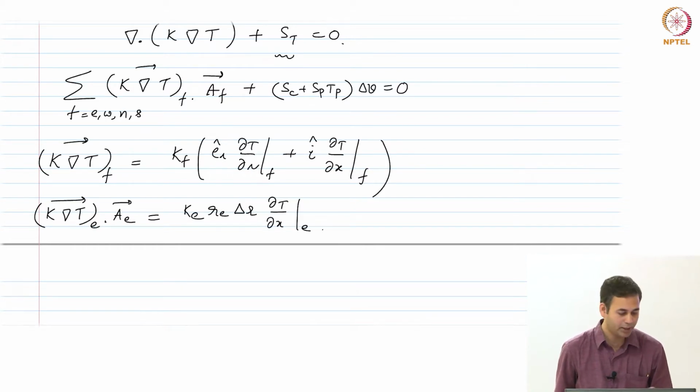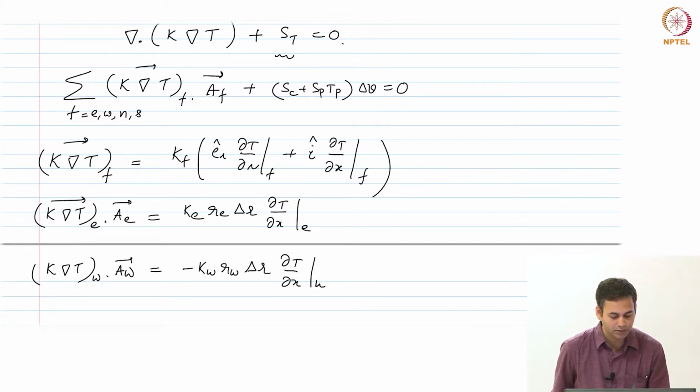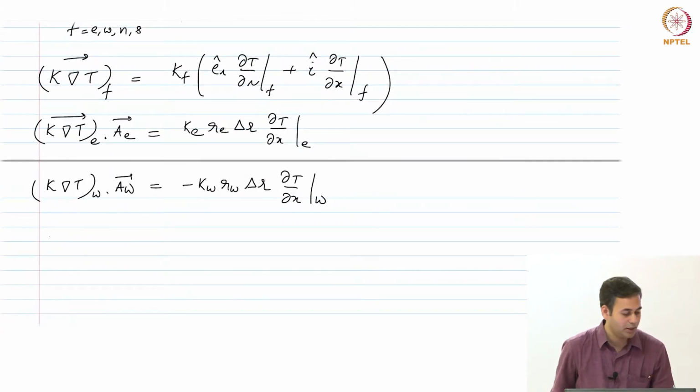And then similarly K grad T west dot A west bar would be a minus K west R west delta r partial T partial x on the west face. And then K grad T north dot A north bar would be how much?